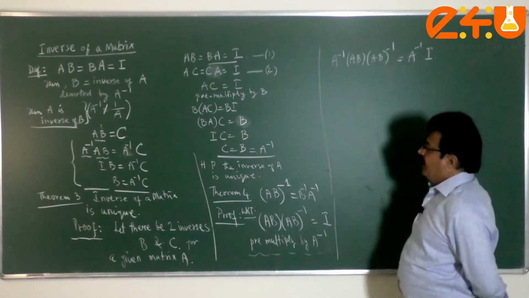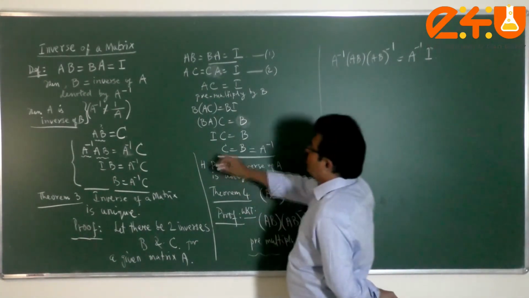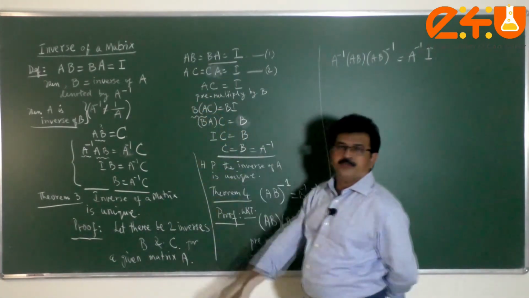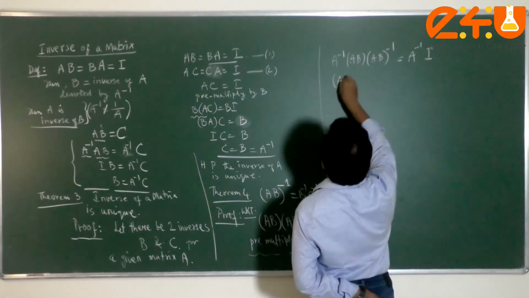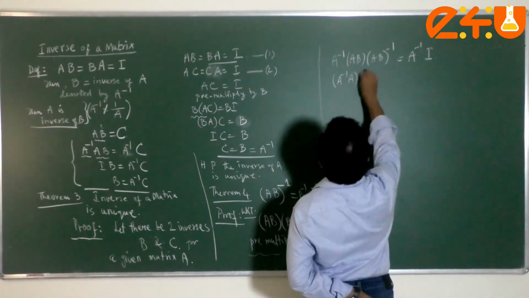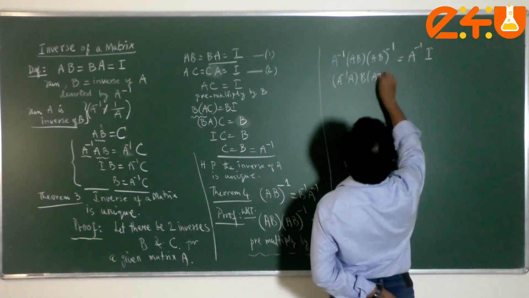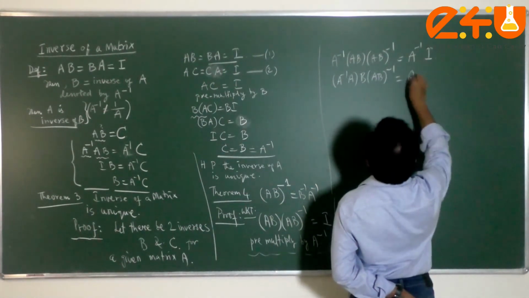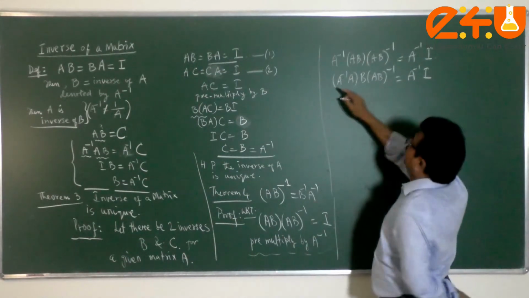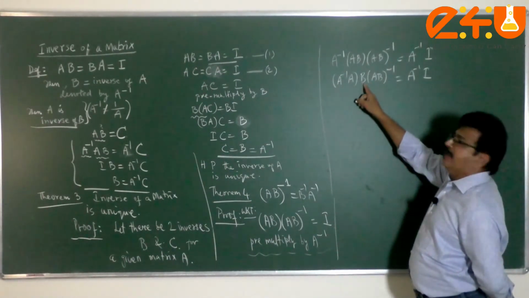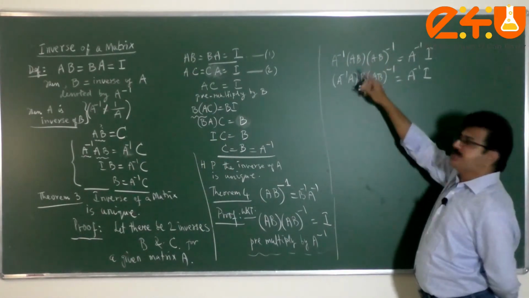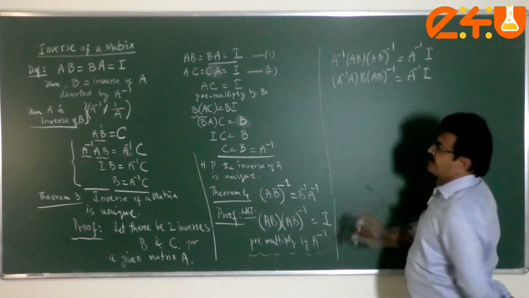Now again apply the associative property as you did in the previous case. What is the result? I get A inverse A gets paired, times B times (AB) whole inverse is A inverse times I.